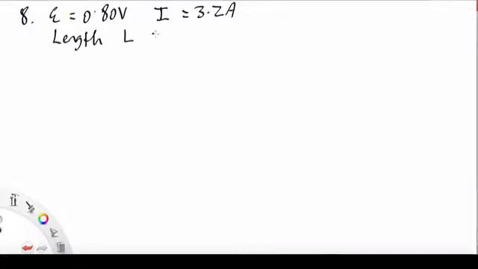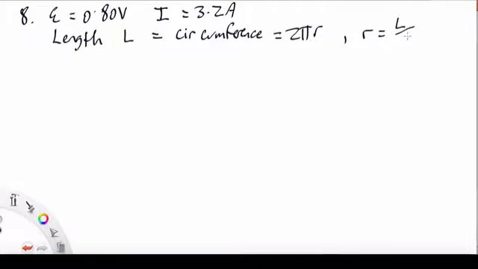And then finally, number 8, we have EMF of 0.8 volts and a current of 3.2 amps. Now we have the length of wire, let's say that L, and we're going to make it into the circumference of a circle at first, which is 2 pi r. So we know from that then that the radius must be the length, whatever it was, over 2 pi.